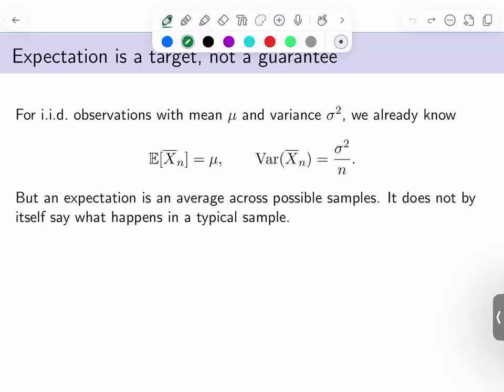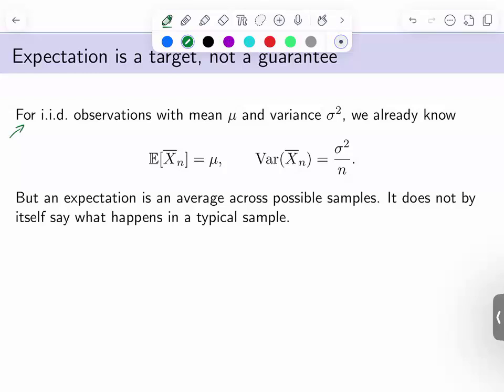We talked about expectation, and we mentioned that expectation is related to long run frequencies, but we didn't really prove things. So today we're going to prove it.